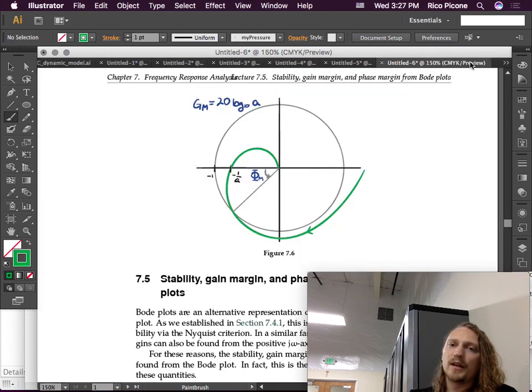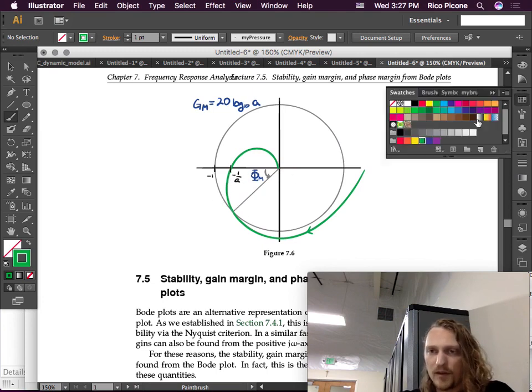So if we look here, as the Nyquist plot approaches this intercept, it crosses over magnitude 1, this unit circle here, and there's some phase angle there. And the smaller this phase angle is, the closer we are.